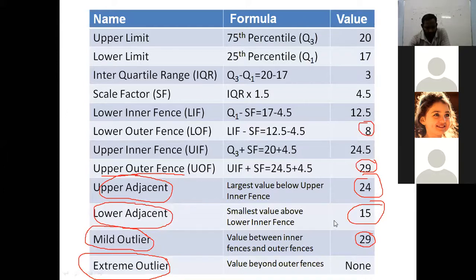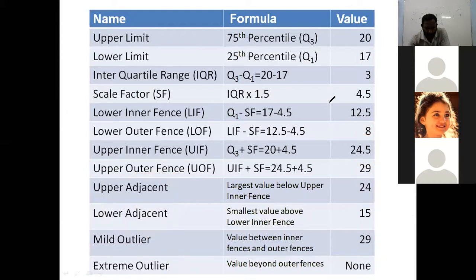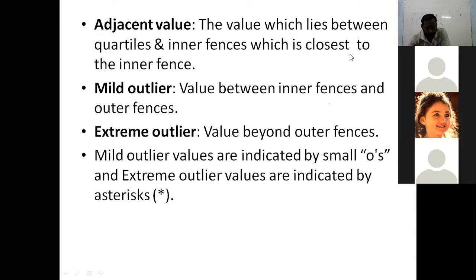So that is how we can conclude our box plot information. Now, these are some of the definitions: the outer value, inner value, extreme value, mild outlier, adjacent value.